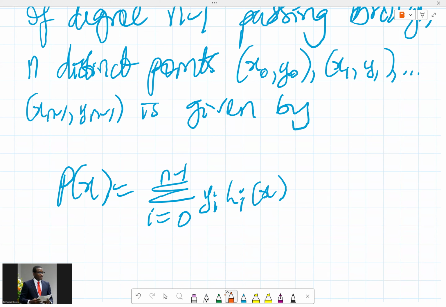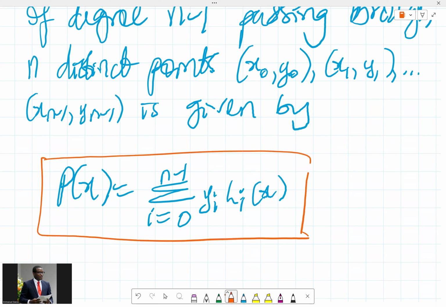So this is the Lagrange polynomial formula.